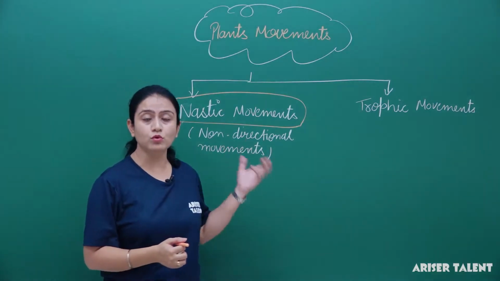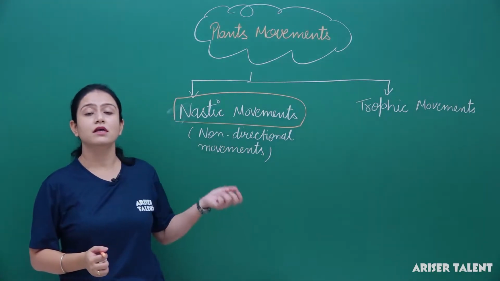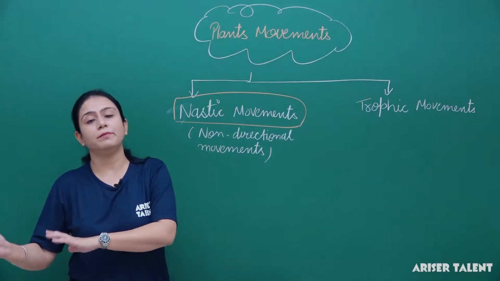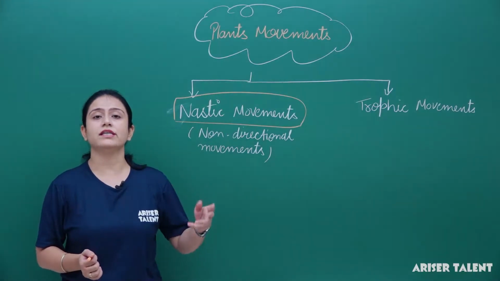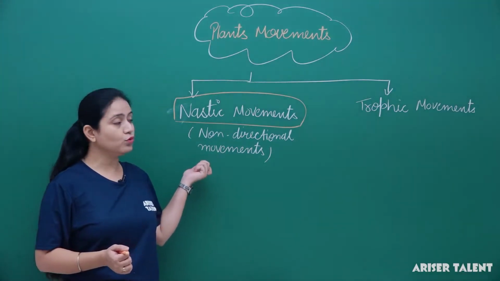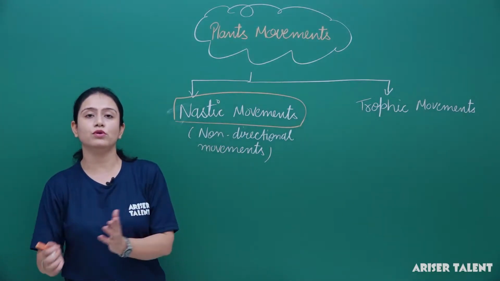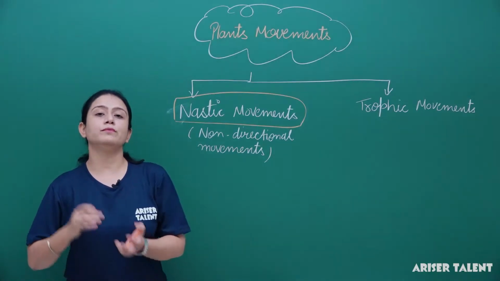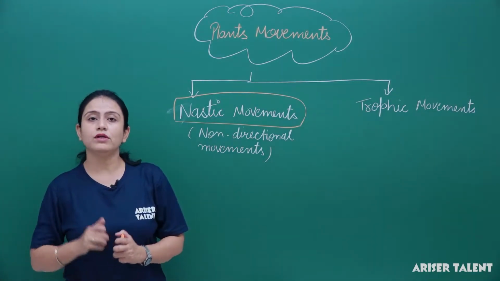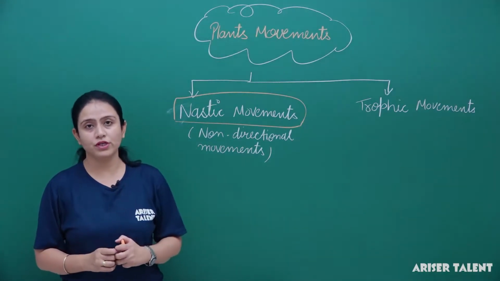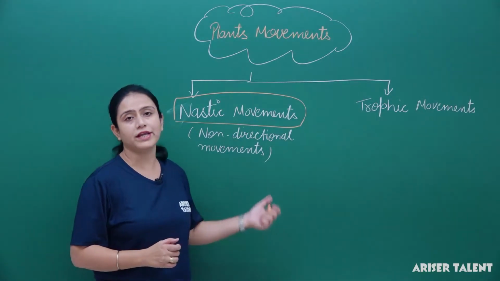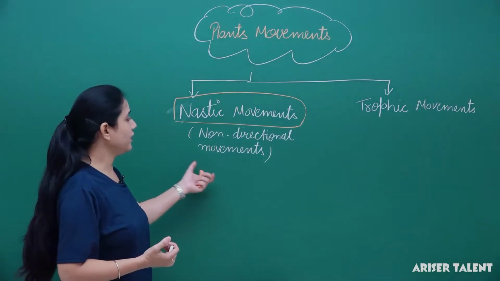Because the movement in such plants is not fixed in a particular direction. It means we cannot say that the plants will move only upwards, or grow only downwards, or move towards a particular direction or a particular stimulus. So these are known as non-directional movements.